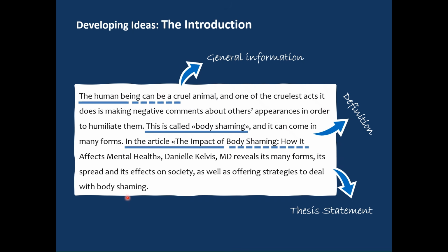So I understand that in this article, Danielle Calvis talks about what body shaming is, the forms it takes, how it spreads in society, how it affects the society, and then finally she offers strategies to deal with body shaming. So this information should completely be in my introduction for a successful paragraph.